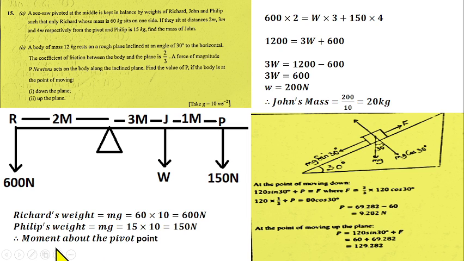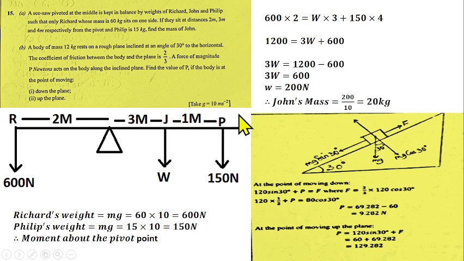So therefore the moment about the pivot: the anticlockwise moment should be equal to the clockwise moment. The moment at this side should be 600 Newton multiplied by the distance, which is 2 meter, equals the moment at this side, which is the moment of this plus this.